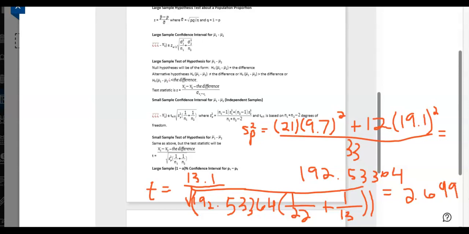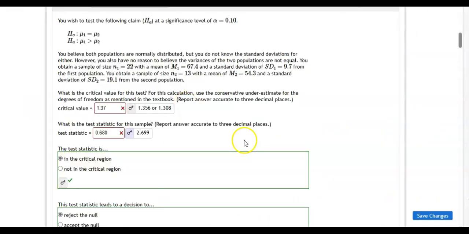Let's go back here. So that was 2.699. So since our critical value was 1.356, and remember, this is a greater than, 1.356 is over here.